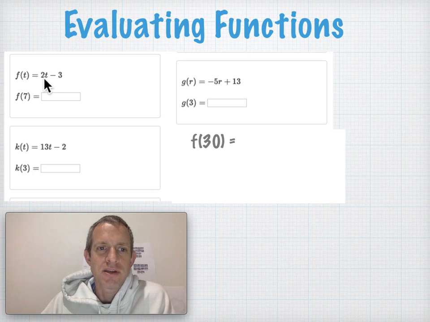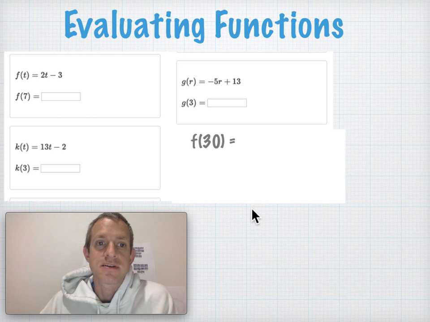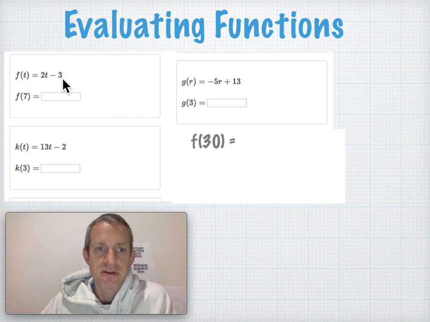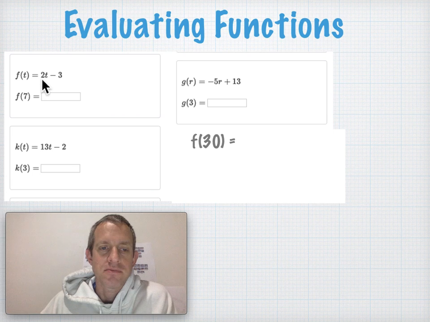They also can be written according to different variables. This one is written in terms of t. This one's written in terms of r. It's quite common to write your rules in terms of x, so that's why you might see f of x. Either way, what this is saying is that whatever goes in needs to be multiplied by 2 and then have 3 subtracted from it. I know, a handful there.